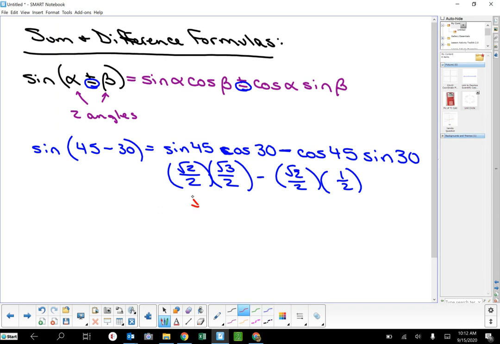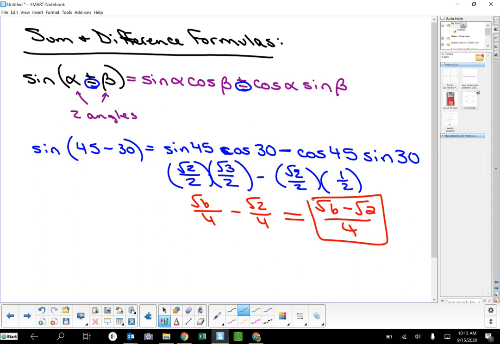You'd multiply and you'd get rad 6 over 4 minus rad 2 over 4. And if the denominators are the same, you can go rad 6 minus rad 2 over 4. And that would be the exact value of the sine of 15 degrees. Okay? Because you could break 15 into 45 minus 30. So that's an idea of how you would use this.